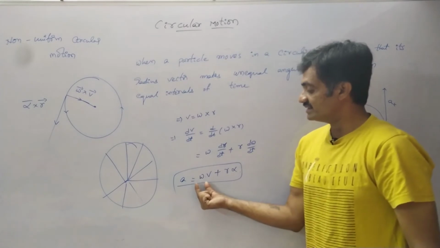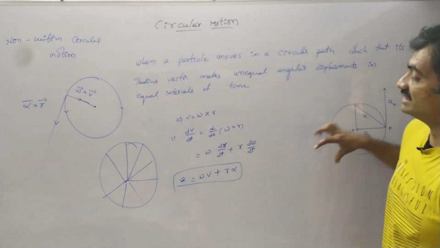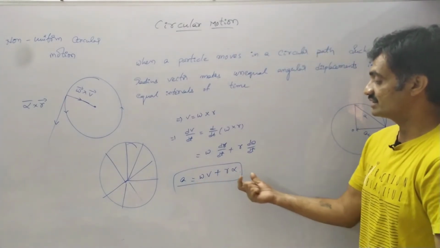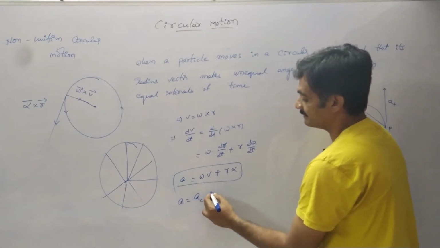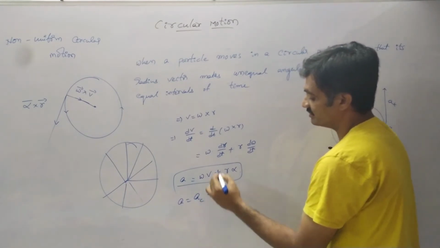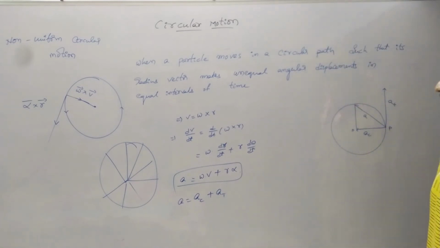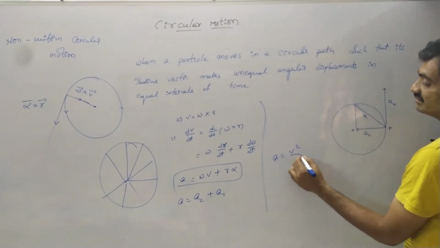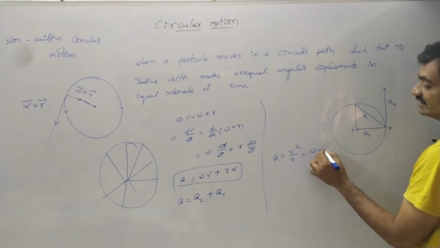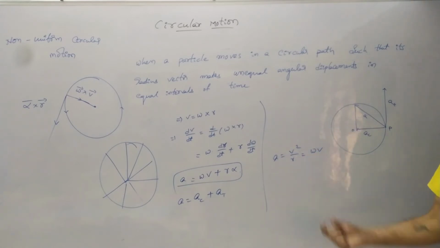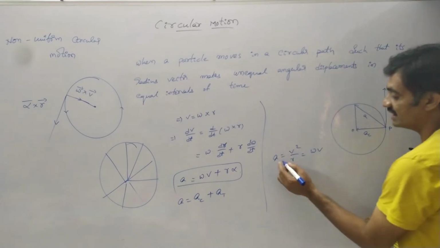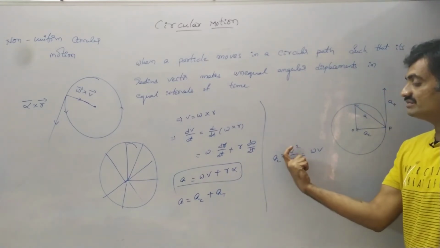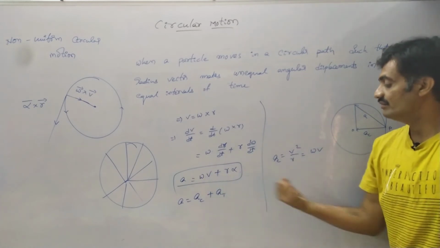This is represented based on a centripetal acceleration as well as a tangential acceleration. The centripetal acceleration is represented with suffix c, and the tangential acceleration with suffix t. The centripetal acceleration acts inwards. It is represented as a equals v square by r or omega v; we can represent it in either form.